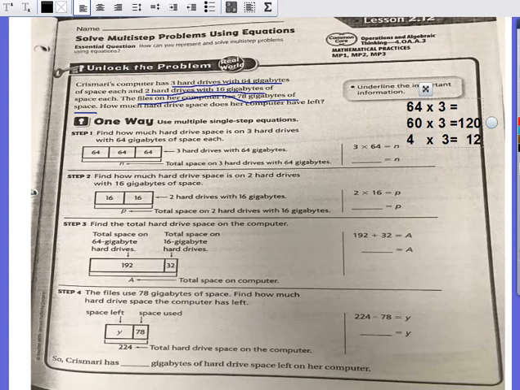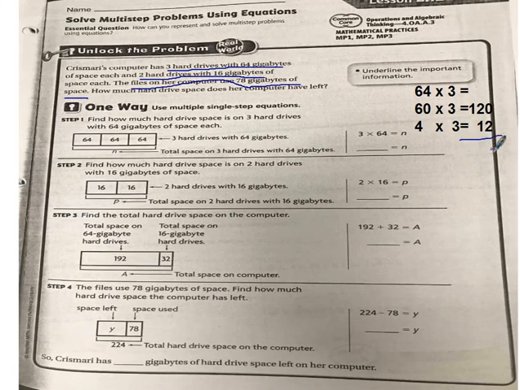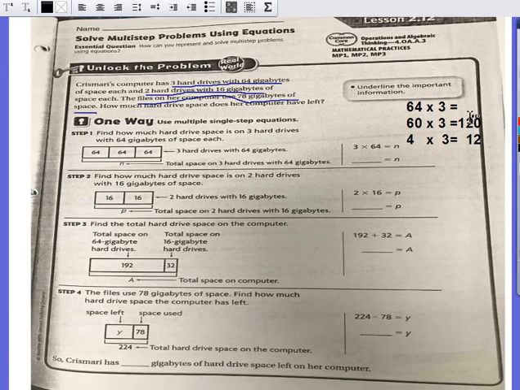So 120 plus 12. Oh, shoot, I know what I did. I took 6 times 2 instead of 6 times 3, so this should be an 18. I was like, this just does not seem right.